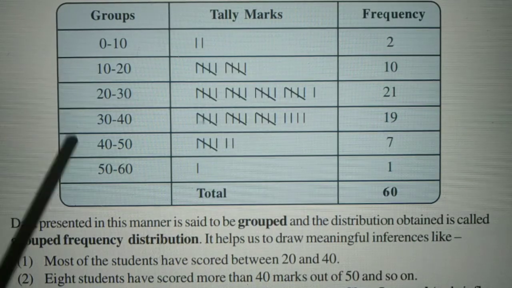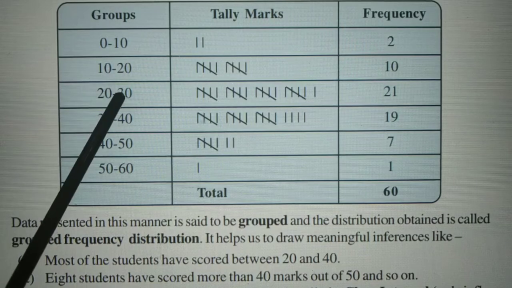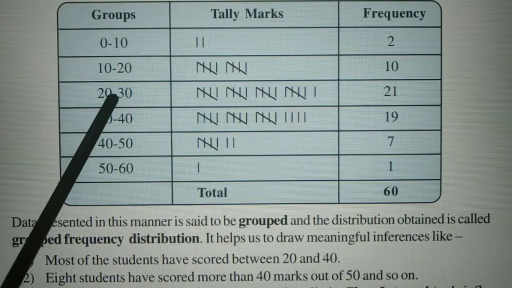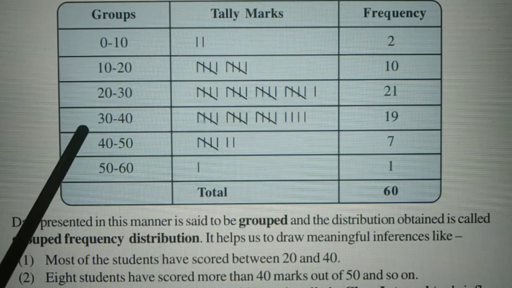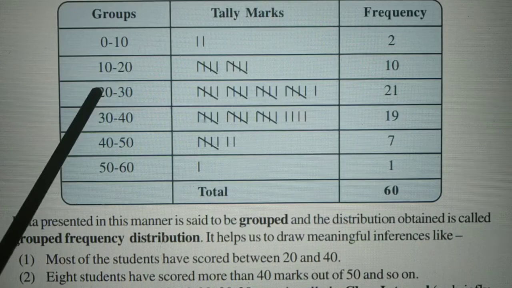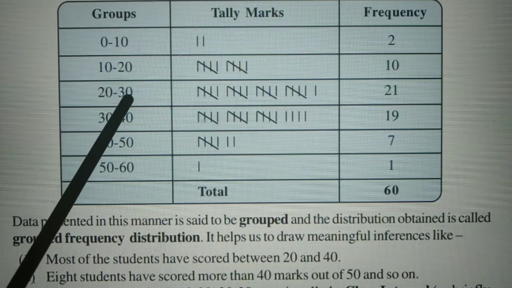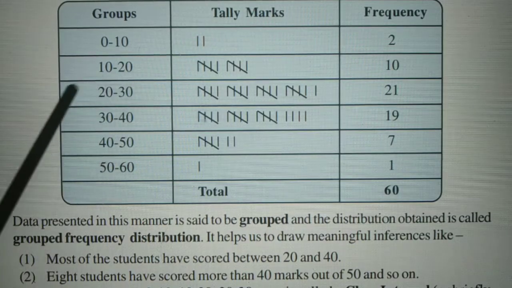Now one more thing you must understand. Suppose any student gets 30 marks. Now 30 is available in this group and 30 is also available in this group. Where do we have to count that student, either in the range of 20 to 30 or in the range of 30 to 40? Here are some mistakes we have made.